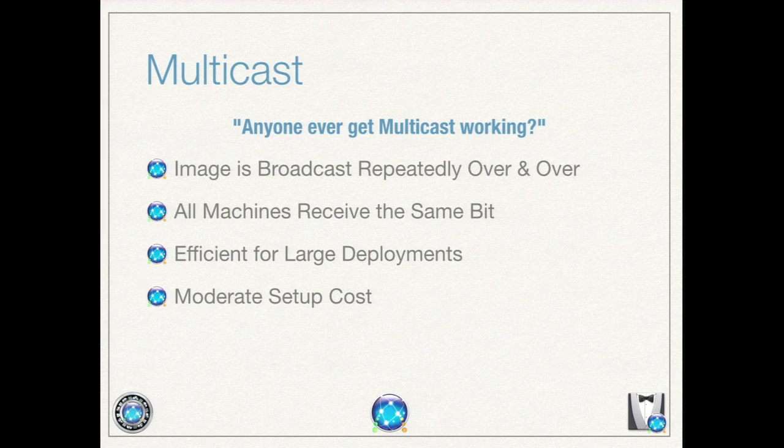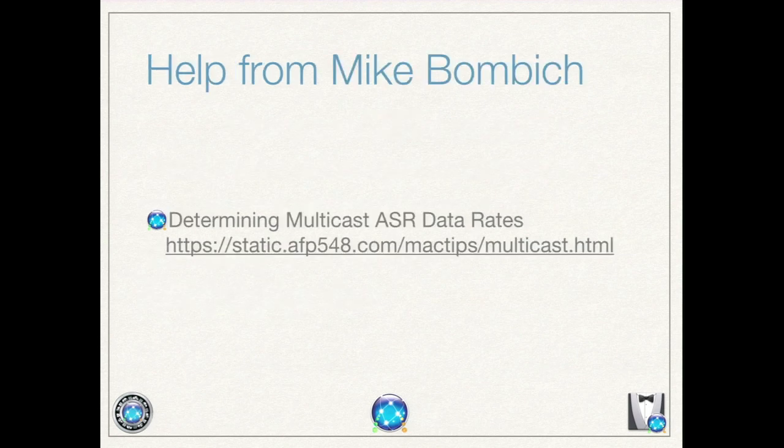Thank you for using the mic. All right. The one thing that I did find that I think quite a few of us that have tried this and Googled for this a couple of times is help from Mike Bombeck. There's a statically archived page on AFP548 that gives you tips on how to adjust your stream.